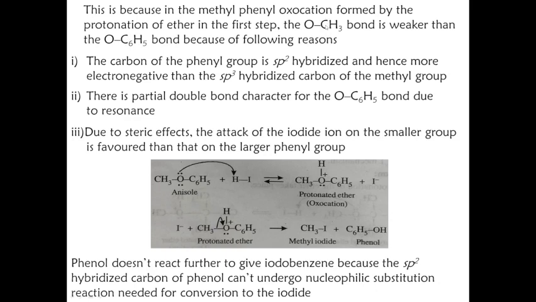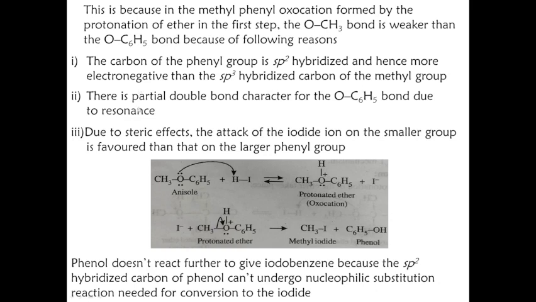The s character is increasing here, so it is more electronegative. If it is more electronegative, this bond is a little shorter, or this bond will become stronger. It is sp2 hybridized and hence more electronegative than the sp3 hybridized carbon of the methyl group.